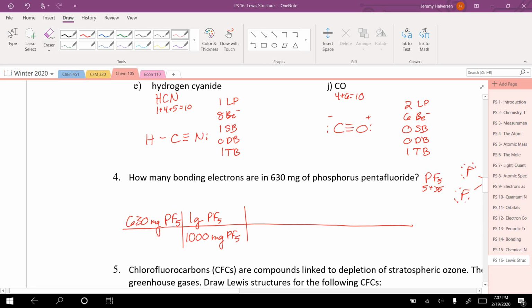Phosphorus pentafluoride has a molar mass of about 126 grams of PF5 in 1 mole. And 1 mole of PF5 has 6.022 times 10 to the 23rd molecules.